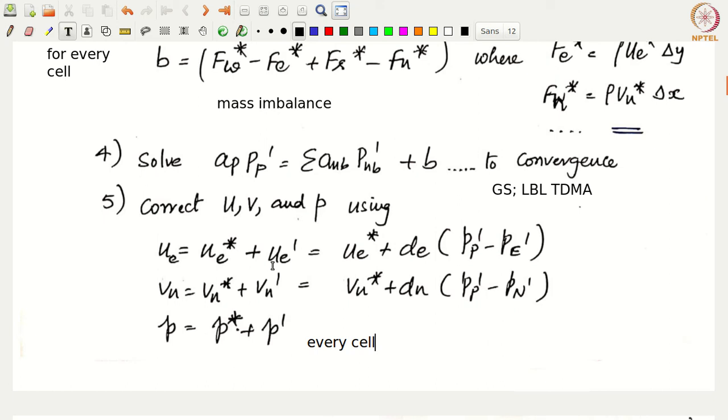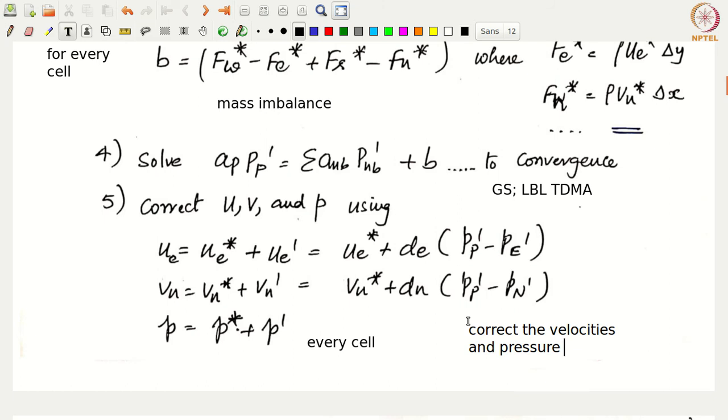Ue prime is not directly known, but Ue prime is related to P prime through D times P_P prime minus P_E prime, right? Basically through the SIMPLE algorithm we have related this. Similarly, Vn equals Vn star plus Vn prime, where Vn prime is equal to Dn times P_P prime minus P_N prime. So basically using the pressure corrections, correct the velocities and pressures everywhere in the domain. So that step is done.